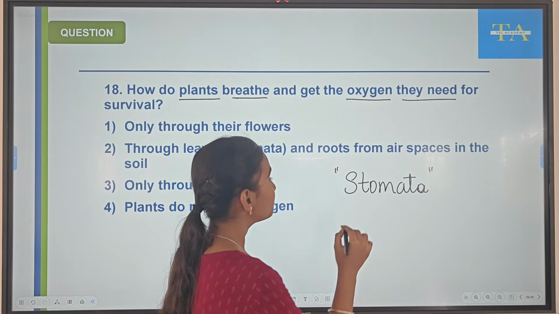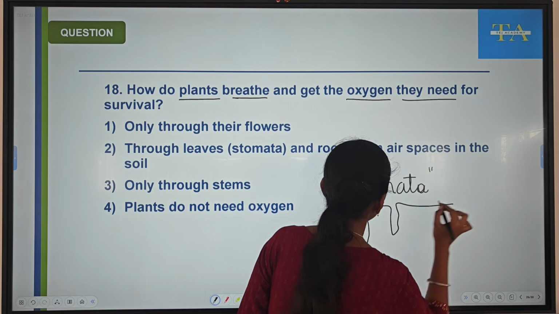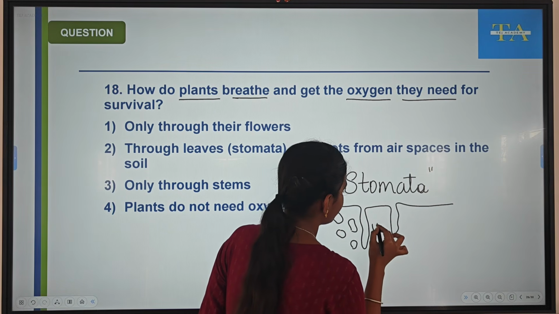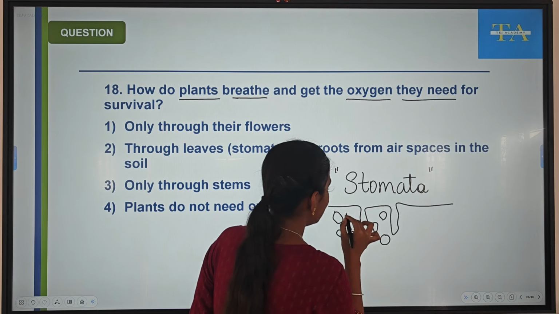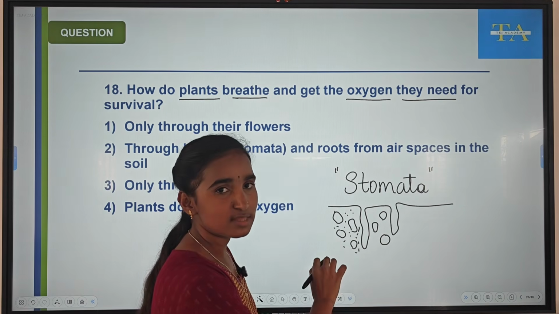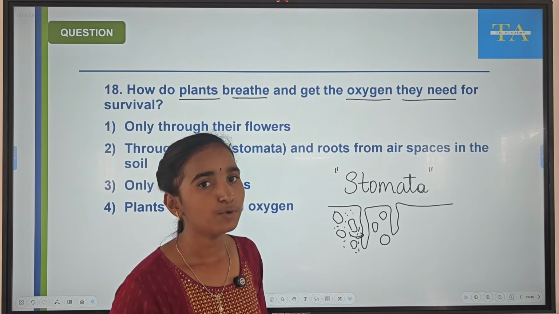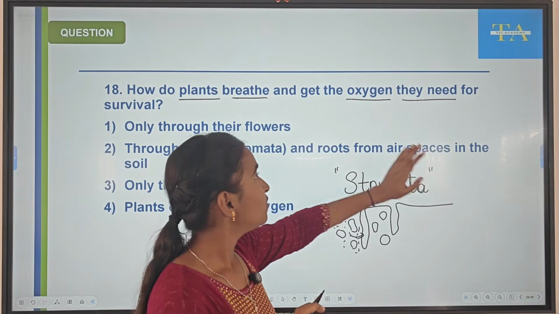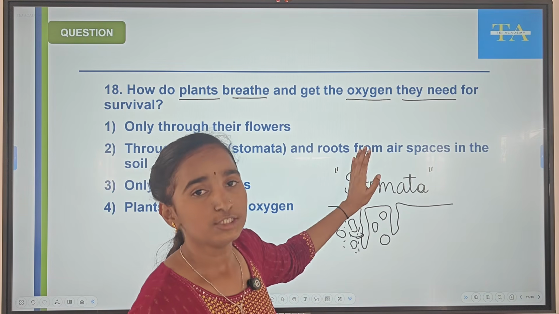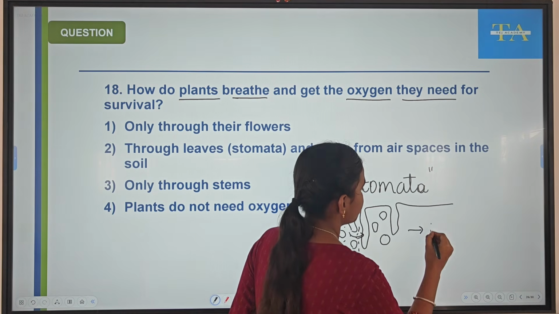In the same way, in root, suppose this is root, there will be some soil particles, like this. And there are some intercellular spaces. Through these air spaces, root will absorb oxygen and produce energy. So, in plants, gaseous exchange will occur through stomata and the air spaces in roots.